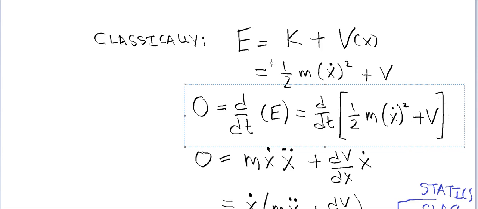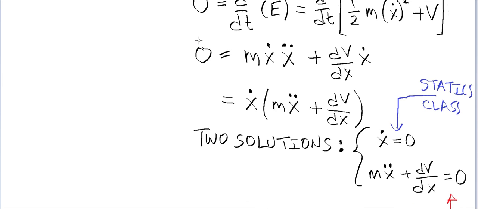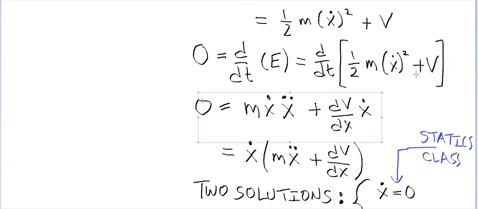So d/dt of this stuff yields that 0 is 2 times half is 1, m x dot times x double dot, where x double dot is just the second derivative of x with respect to time, plus dV/dx times x dot. In other words, this would be dV/dx times dx/dt, right? Hopefully you can convince yourself that that's a fair statement.